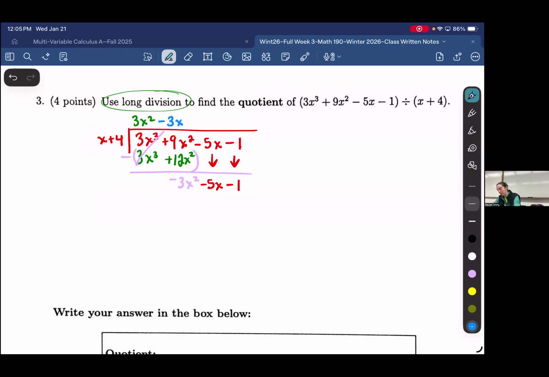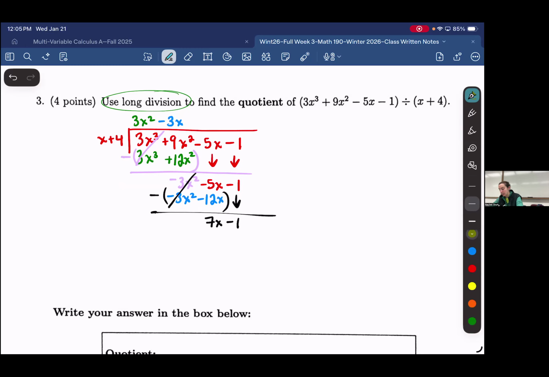Negative 3x, take the product, we get negative 3x squared minus 12x. Subtracting this, first term cancels out once again. And now we're looking at negative 5x plus 12x, which gives us a positive 7x. Bring down the negative 1.